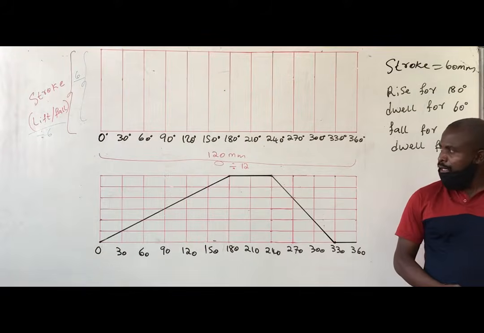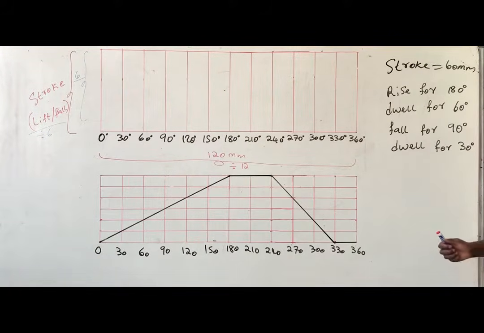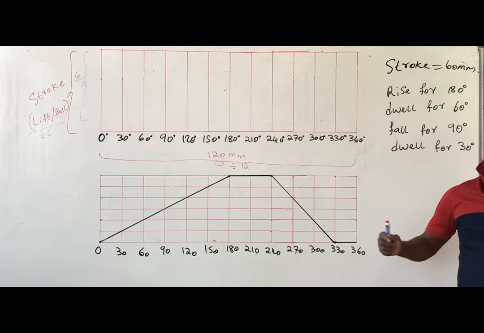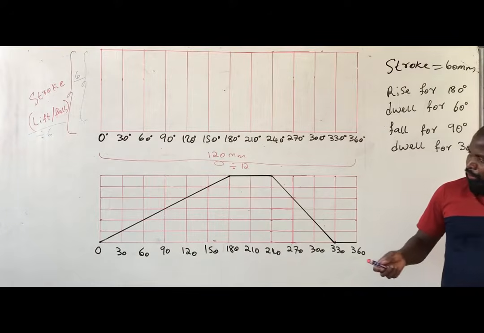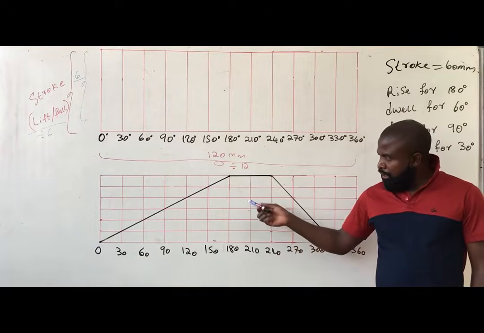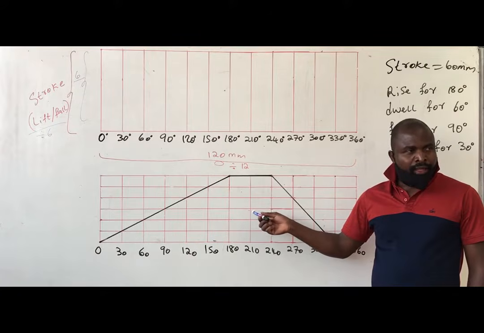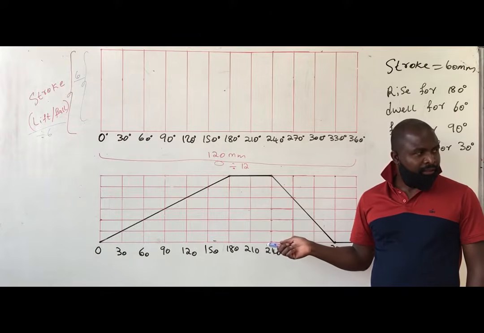Okay. Now we are no longer going to draw constant velocity. We are going to draw uniform acceleration retardation. So drawing uniform acceleration retardation, is our motion complete?